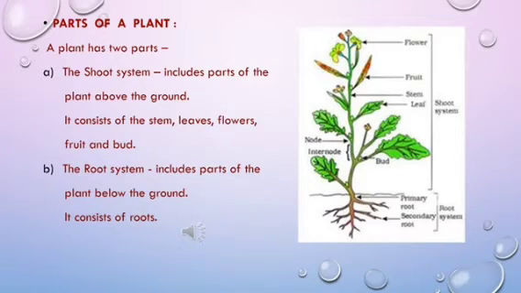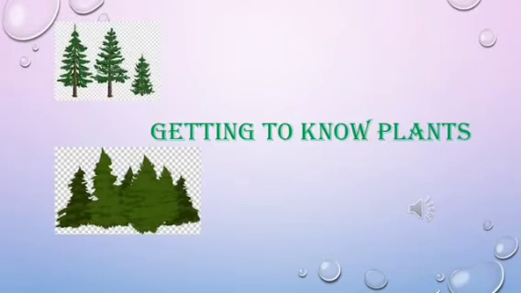The root system includes parts of the plant below the ground, that is the roots. We will be studying the different parts of the plant in the lesson Getting to Know Plants. Let us learn more about the different parts of a plant in the lesson Getting to Know Plants.